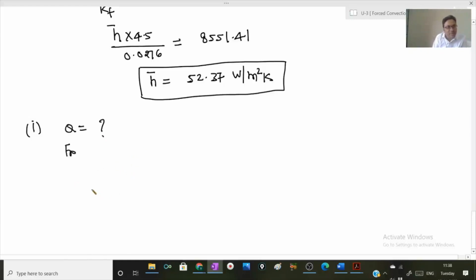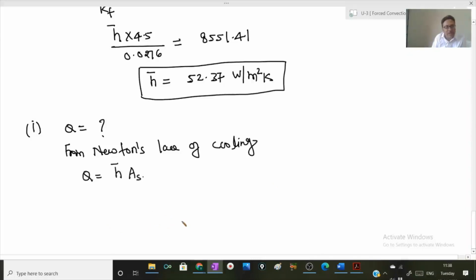So from Newton's law of cooling, Q can be given as h bar into total surface area of the truck into this temperature difference. We always take positive, that is higher minus lower.